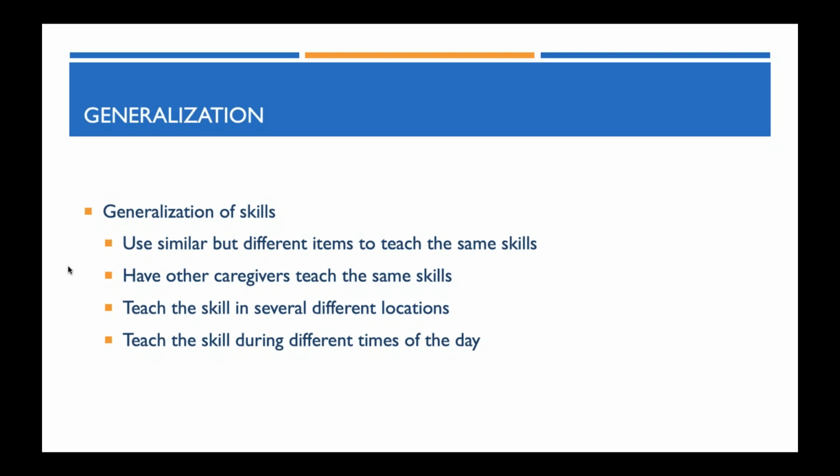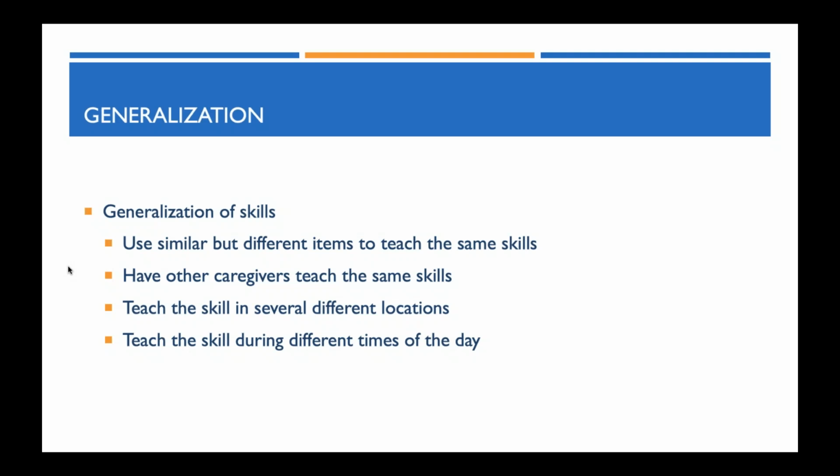So when you are teaching a task analysis, another thing to keep in mind is that you need to generalize these skills, and you want to use different materials to teach the same skill.